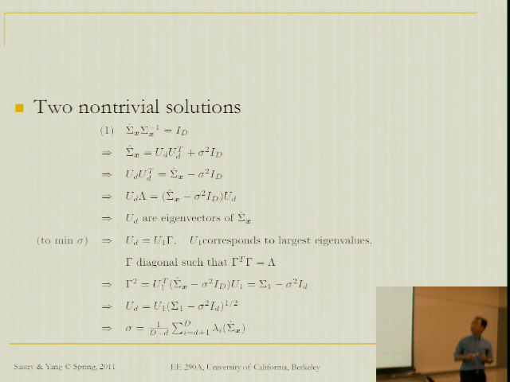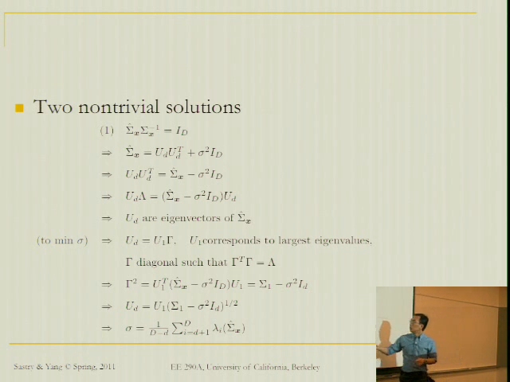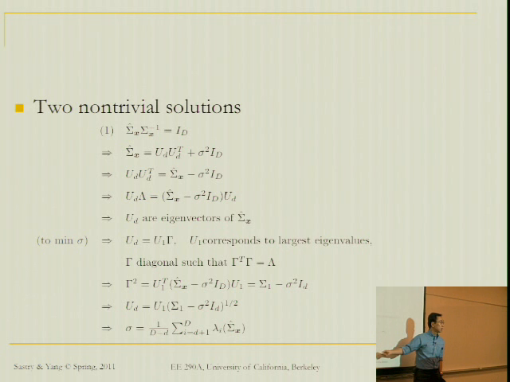In order to see how you can get the last one, you only need to observe that because UD is equal to U1 times sigma 1, which is a diagonal matrix that collects the first D largest eigenvalues of sigma hat x, right? So what's left is the rest of the eigenvalues, because this is only a scalar.